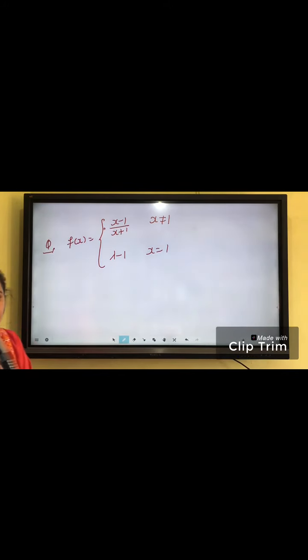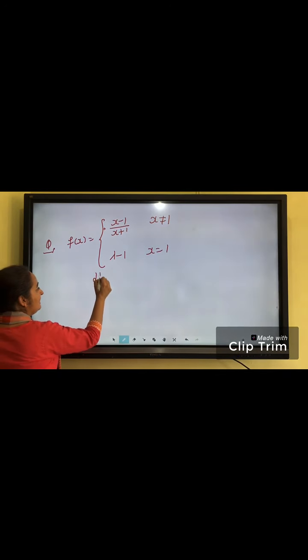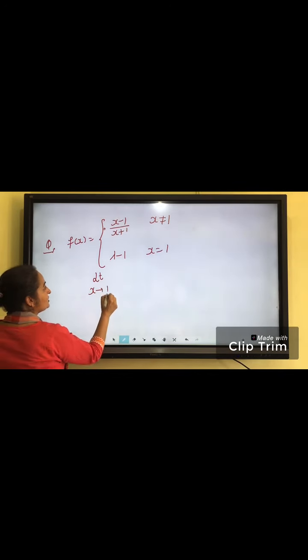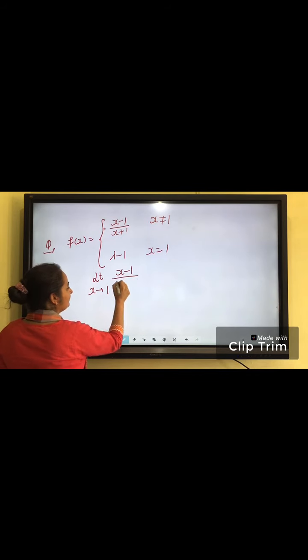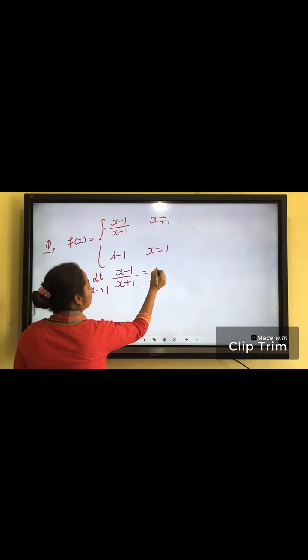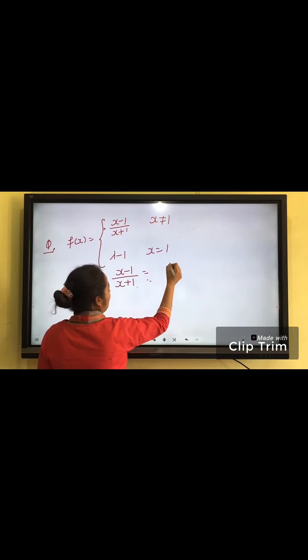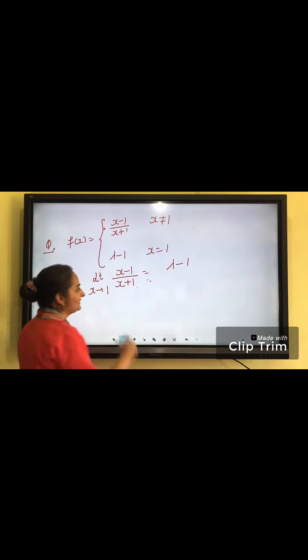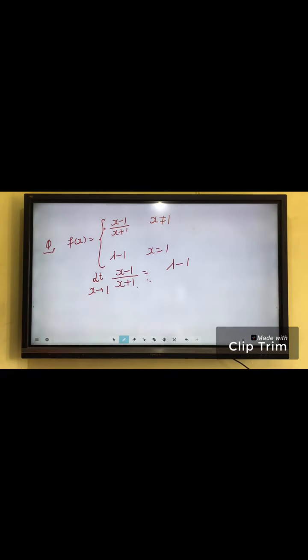But since the function is continuous, limit x approaches 1 of x minus 1 upon x plus 1 is equal to the value of the function, but there is no x in it, so we don't need to write any value of x in place of the given function.